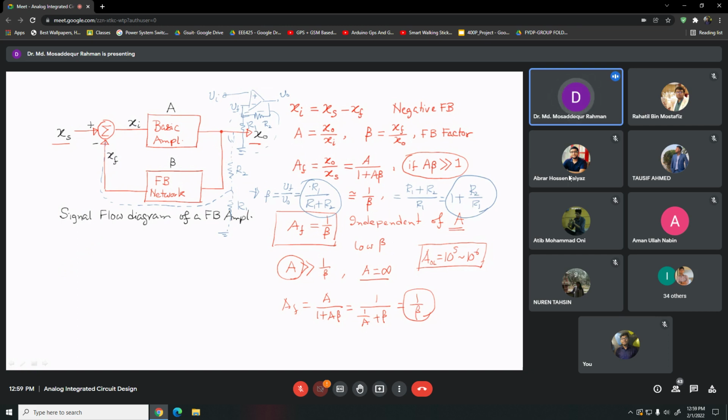It doesn't depend on the amplifier gain or the op-amp open loop gain. We ignore that because it's very high. And that's also a ratio, so any change in the resistance values will be cancelled out because you're taking the ratio, right? So we get a very precise, stable, and predictable gain, right?